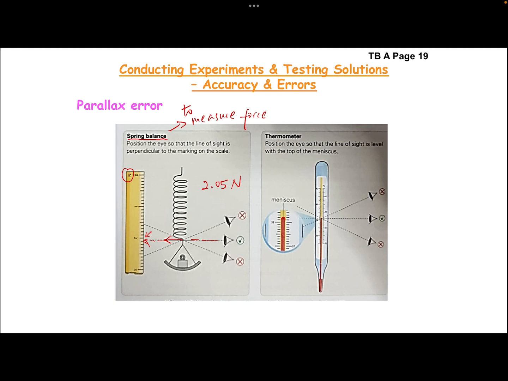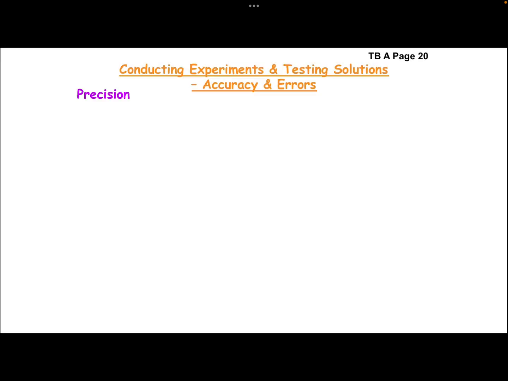So when you read it carefully, if you look at your notes carefully, the reading should be 38.2 degrees Celsius. Okay. So make sure your line of sight is level with the top of the meniscus. All right, we move on to the next part.